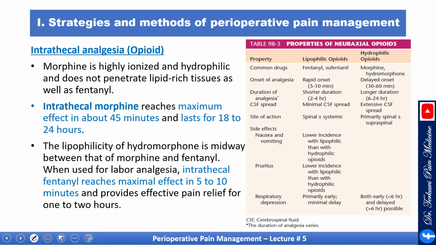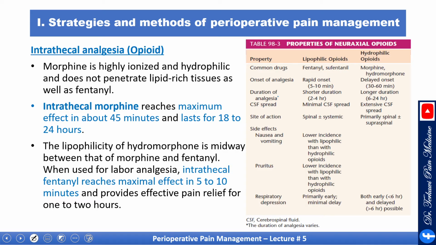Morphine is highly ionized and hydrophilic and does not penetrate lipid-rich tissue, as opposed to fentanyl. Intrathecal morphine reaches maximum effect in about 45 minutes and lasts 18 to 24 hours.